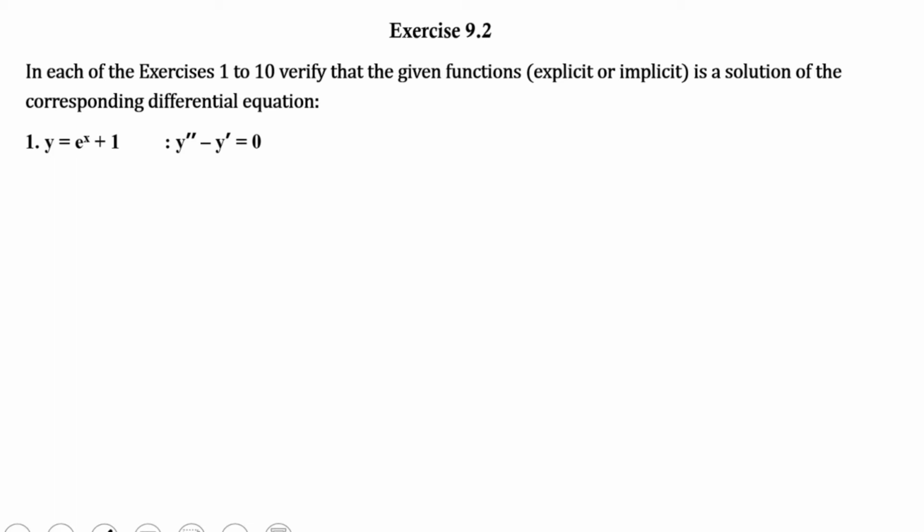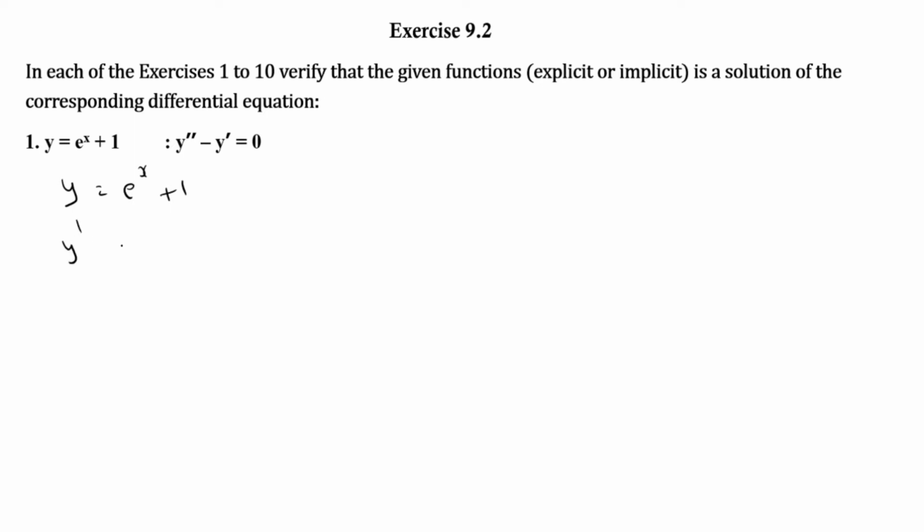So the first one is, it is given y is equal to e raised to x plus 1, and we have to check whether this y satisfies the differential equation y double dash minus y dash is equal to 0. So y is equal to e raised to x plus 1.